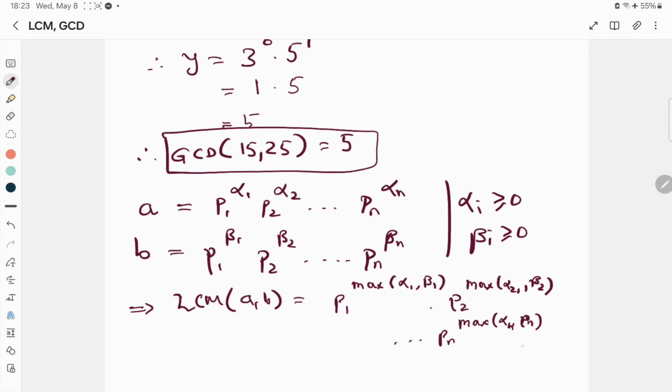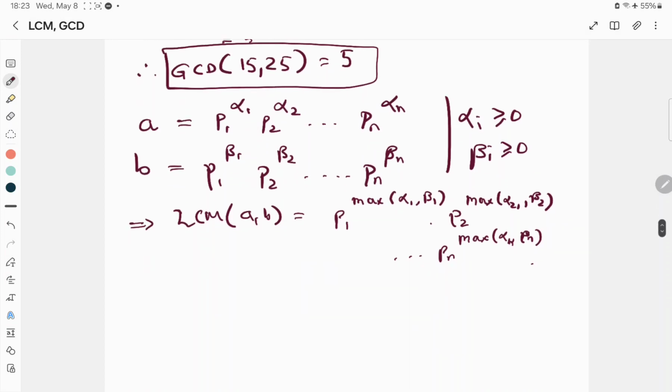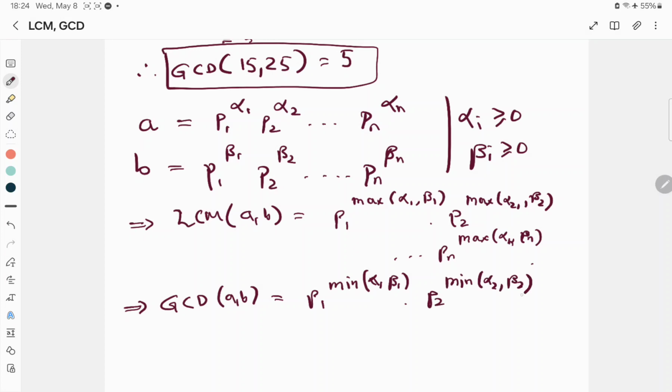That's how we can use prime factorization to find the LCM. And similarly, GCD of a and b will be equal to p1 to the power min of alpha 1, beta 1, p2 to the power min of alpha 2, beta 2, and all the way to pn to the power min of alpha n, beta n.